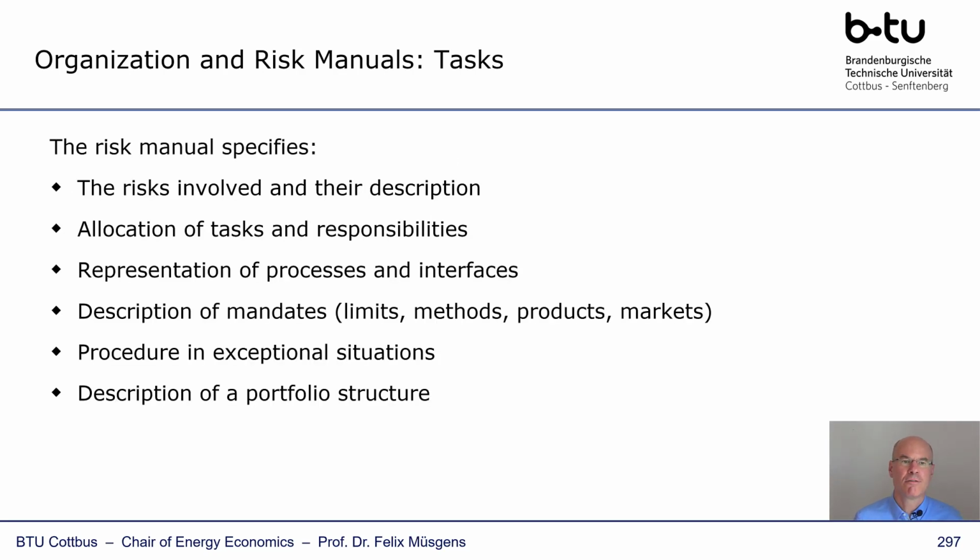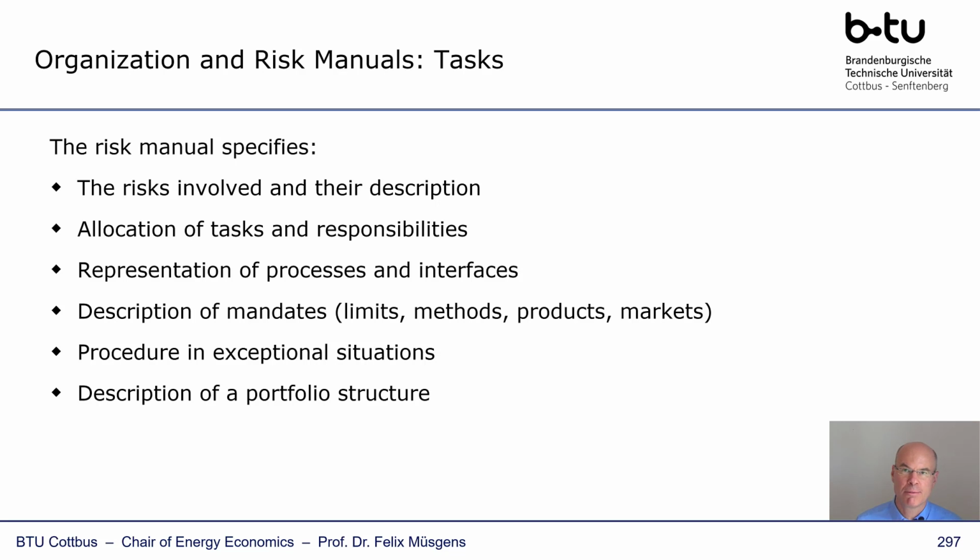The risk manual also specifies the risks involved and their description, the allocation of tasks and responsibilities, the representation of processes and interfaces, the description of mandates, limits, methods, products and markets, and the procedure in exceptional situations.